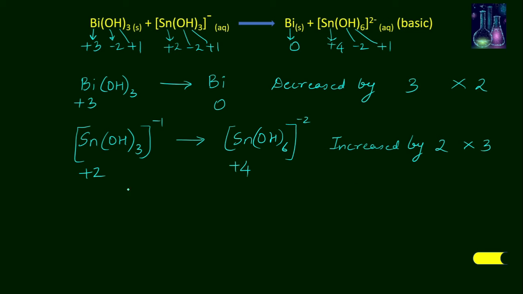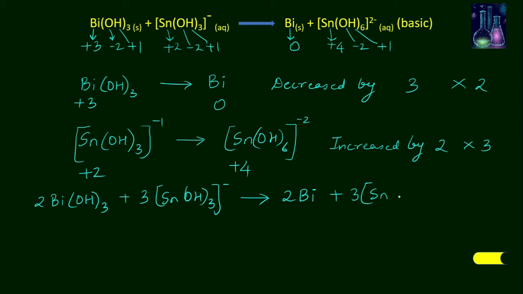And therefore, the reaction becomes 2 Bi(OH)3 plus 3 Sn(OH)3 with overall charge -1 gives 2 Bi plus 3 Sn(OH)6 with overall charge -2.